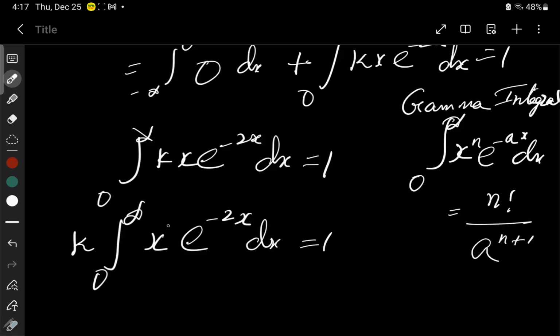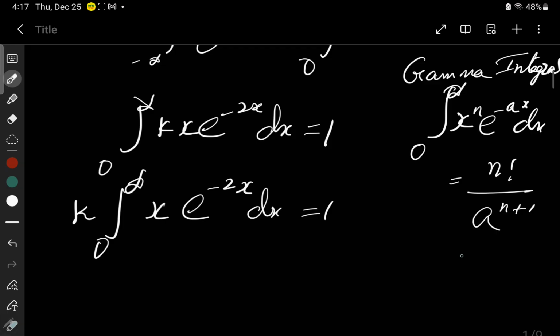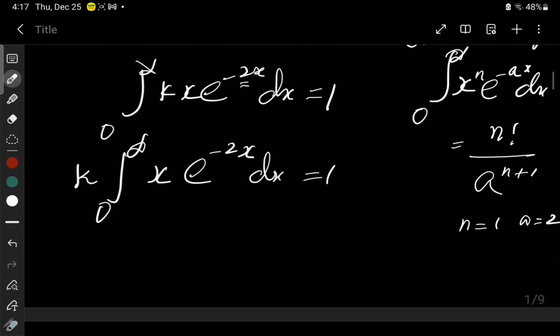In the place of n I have 1, so replace n as 1. In the place of a I have 2, so replace a as 2. You should be thorough with this formula.